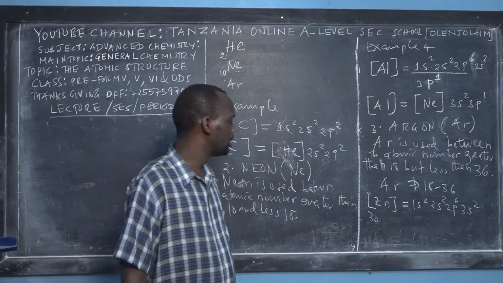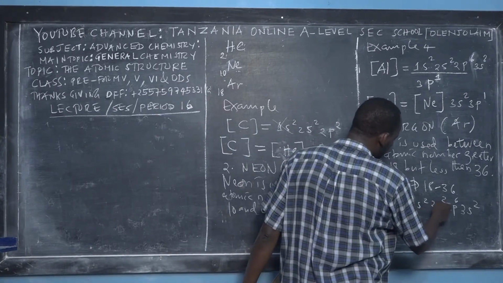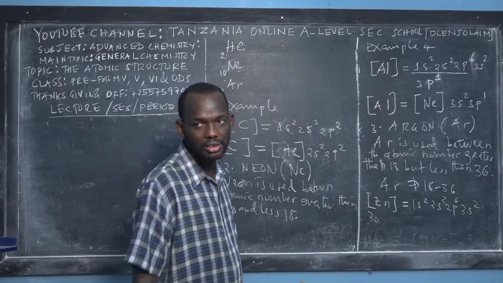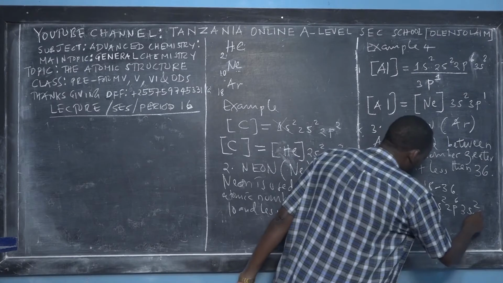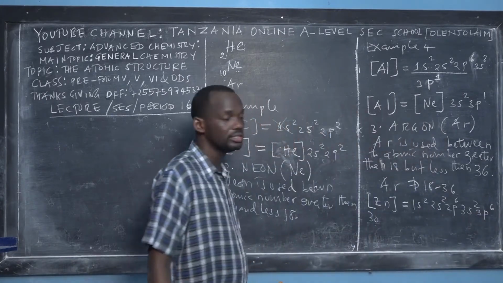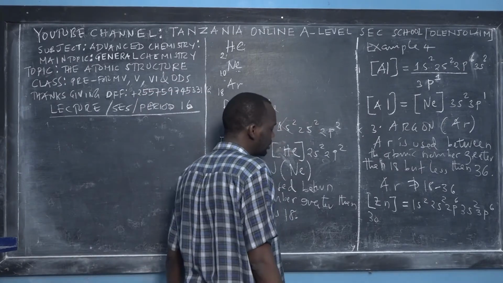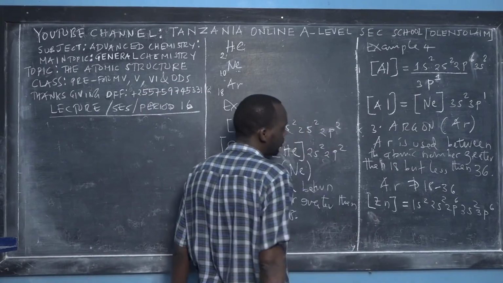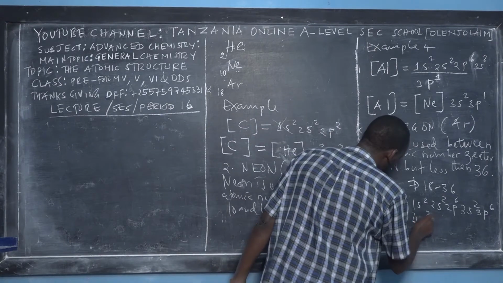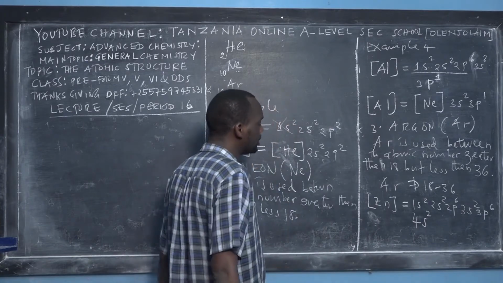But we wrote it a few minutes ago. So how many electrons? 10 plus 2, 12, and then 3p. Total, how many are they? So there you have 10, 18. Next, you have 4s.